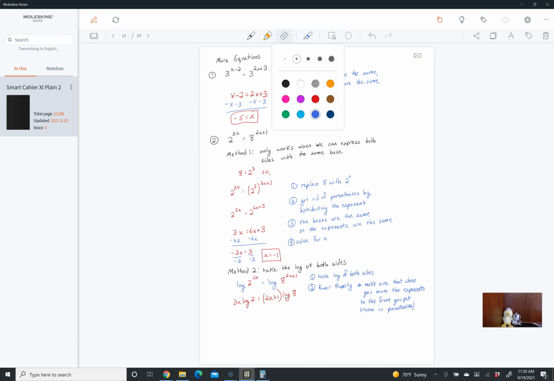Okay? Now, when you look on the internet, a lot of things on the internet, what they will do is they'll distribute the log 8 now, and if it were necessary, the log 2.